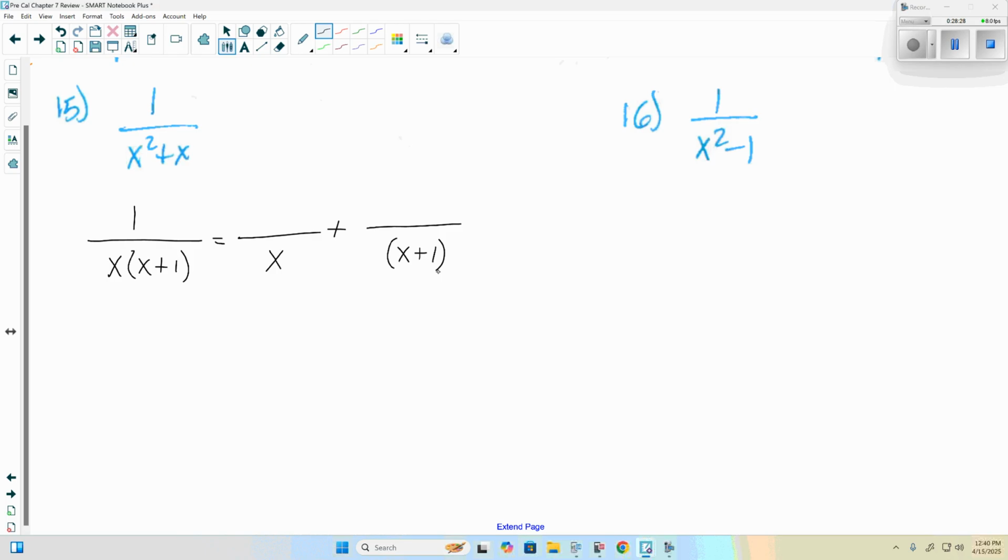Now, the degree of the bottom, both of these here, is 1. So we do not have a variable on top. It's just A and B. Now that we have it set up, we're multiplying through by our x and x plus 1.